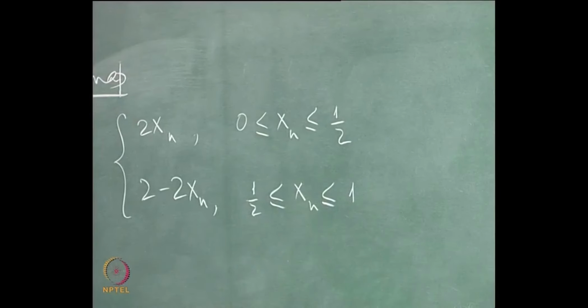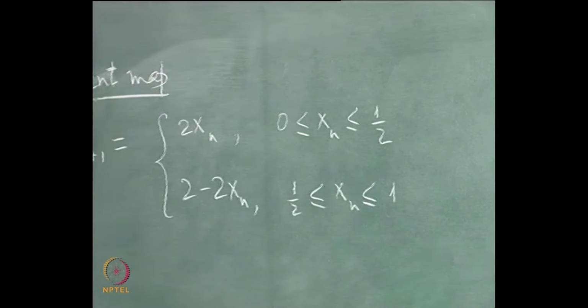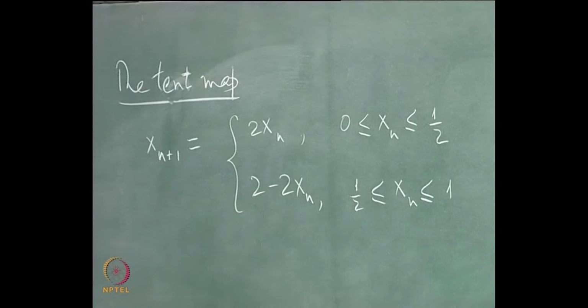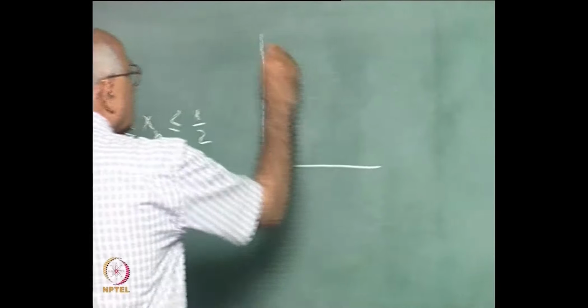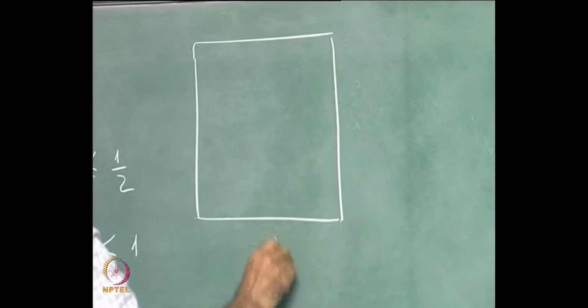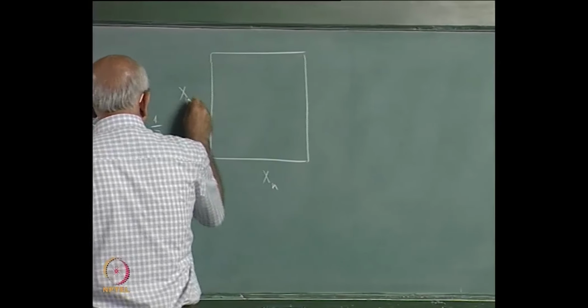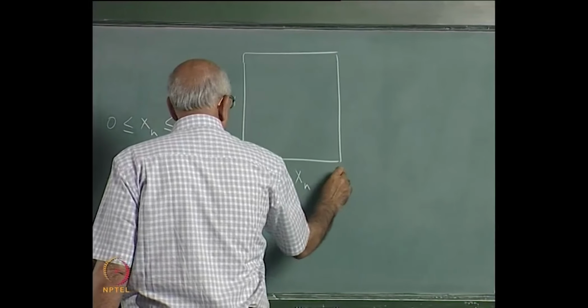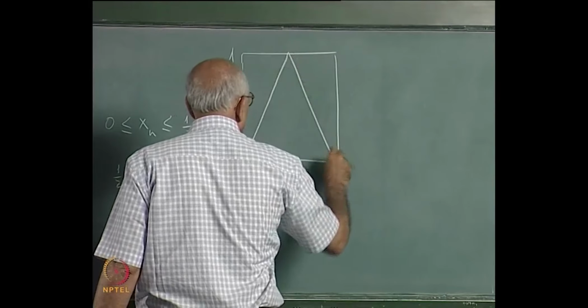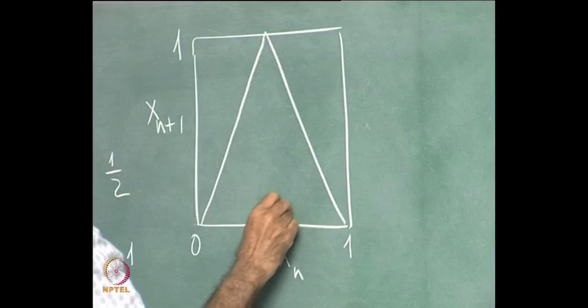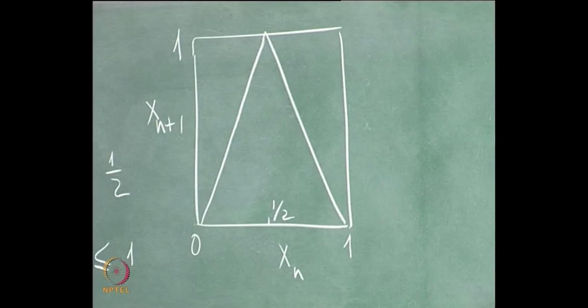It is again a map of the unit interval specified by this piecewise linear function, and we can draw this map very easily. So here we have x_n and then x_{n+1}, from 0 to 1 on both sides, and this goes up there and comes down here at the point half. The map changes slope from plus 2 to minus 2.